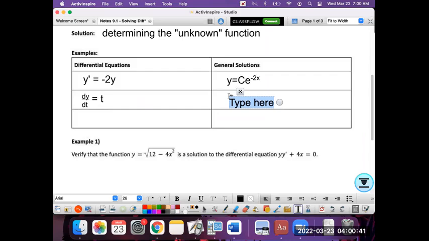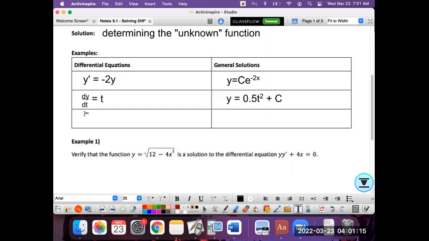The general solution for that specific differential equation would be y equals 0.5 t squared plus c. And again, you could check that the same way. t is just a regular t. Take the derivative of this, and you should actually get, what's the derivative of that? t. So when you plug in the derivative of that equation, you get t equals t, which is true.